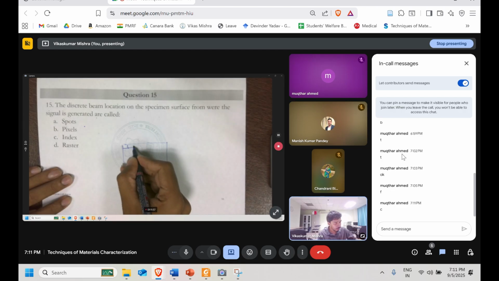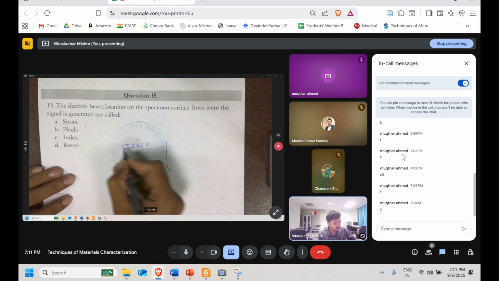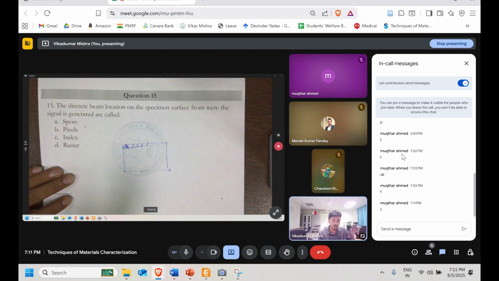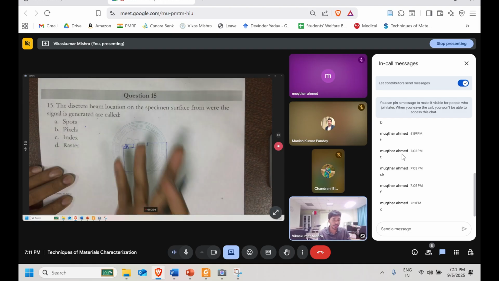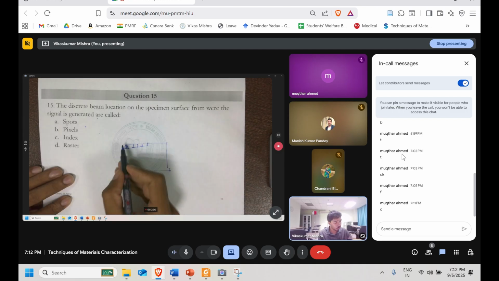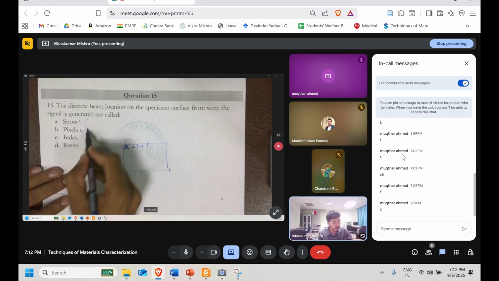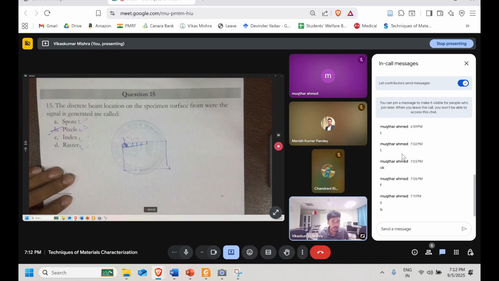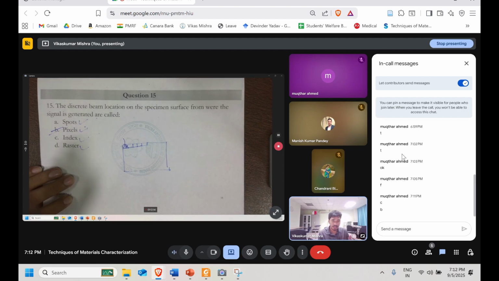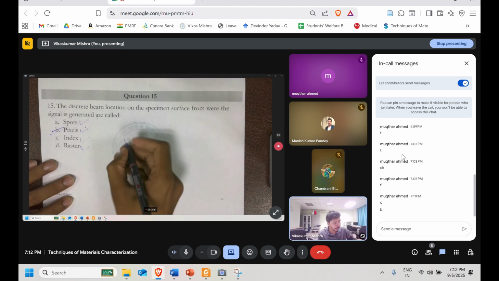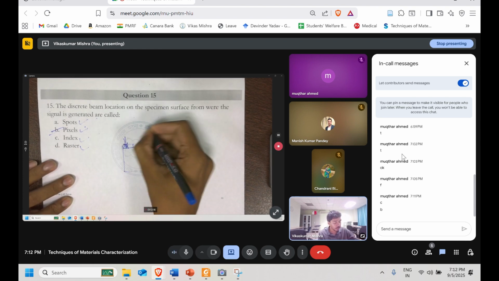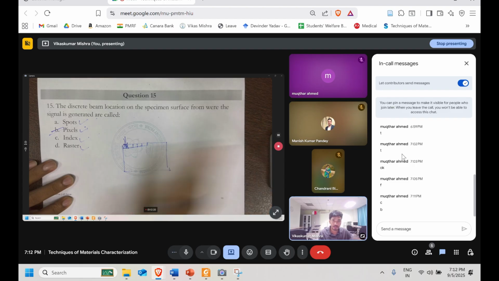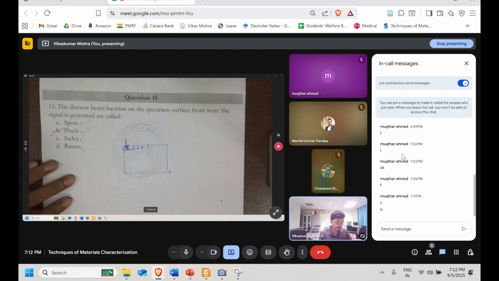We focus on one particular region and then collect the information from that. What is that location known as: spot, pixel, index, raster. Very good. The right answer is option B. It's a pixel, that's why we say pixel by pixel. One pixel on the specimen will correspond to one pixel on the screen or in the image.